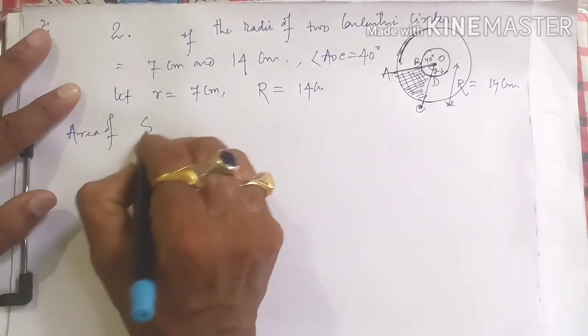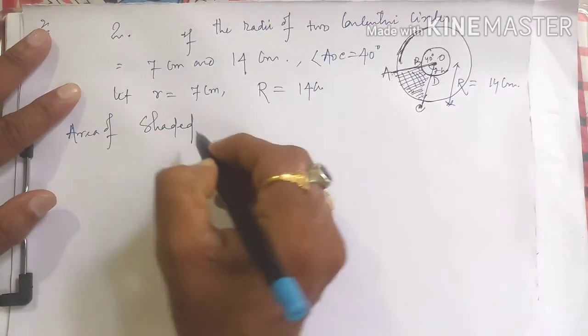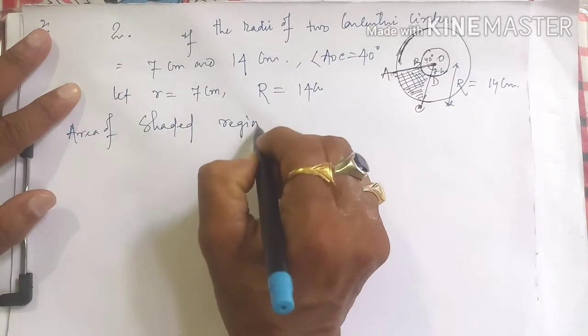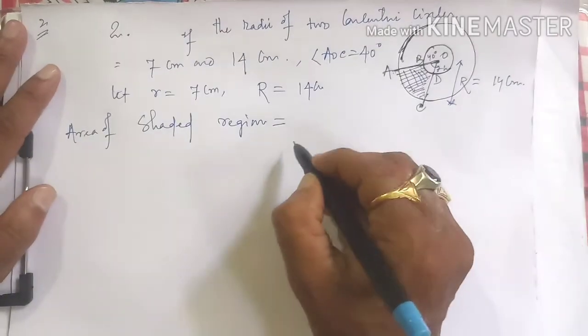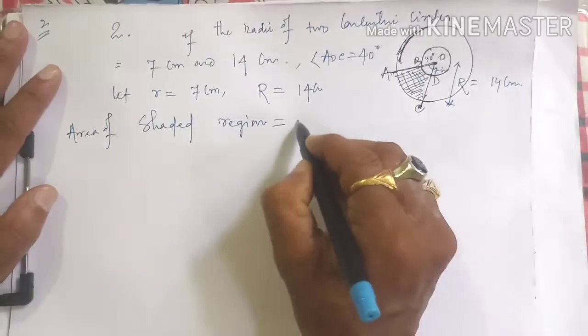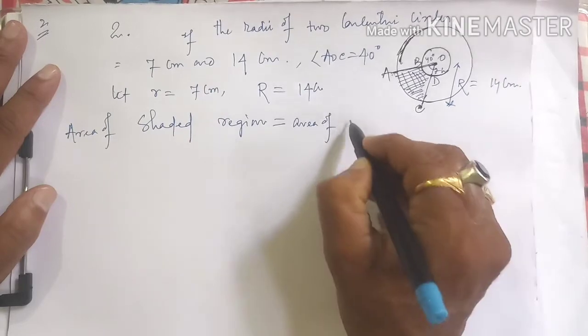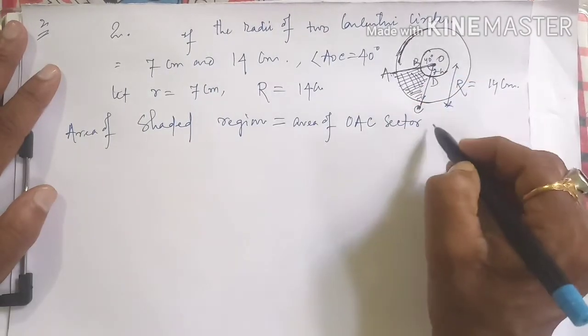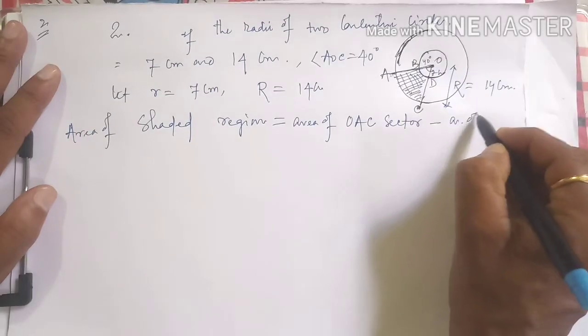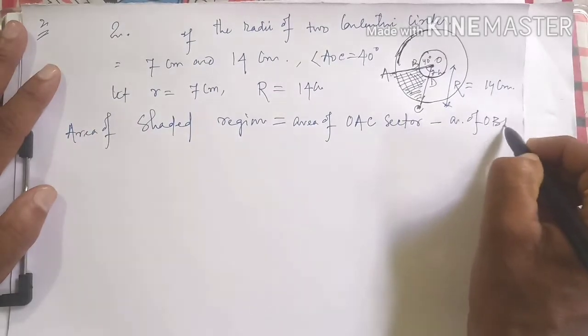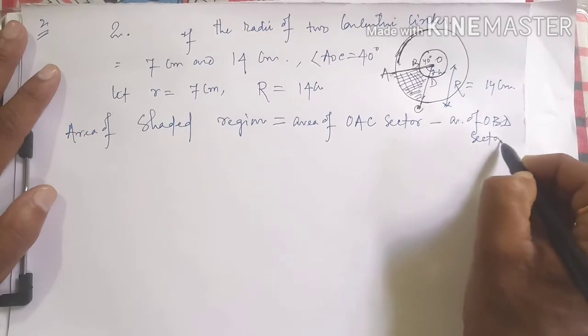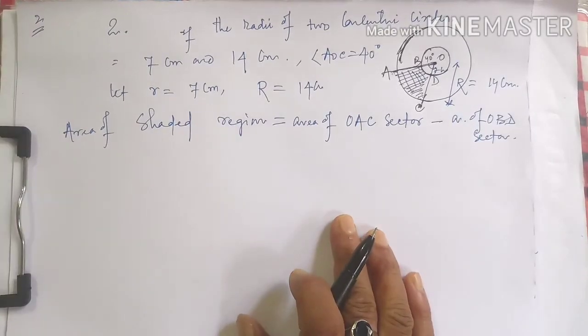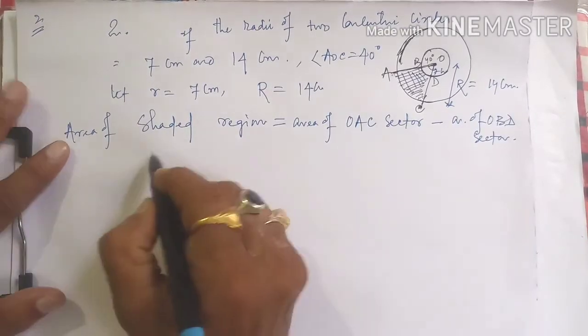Now area of shaded region equal to area of OAC sector minus area of OBD sector. Clear? OAC sector minus OBD sector.